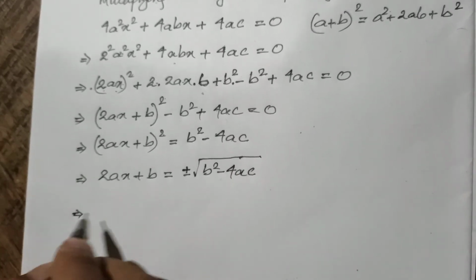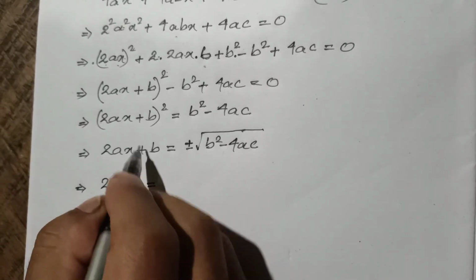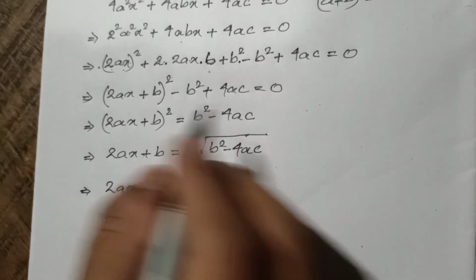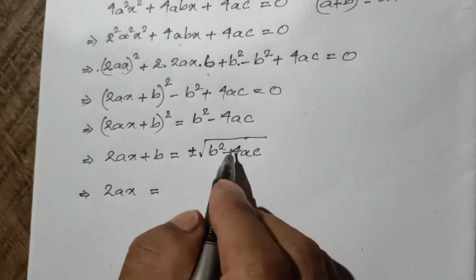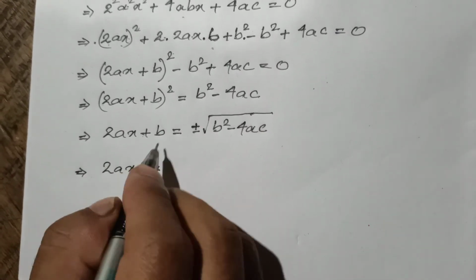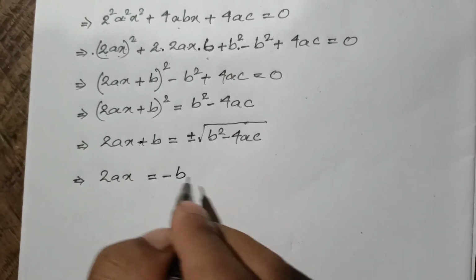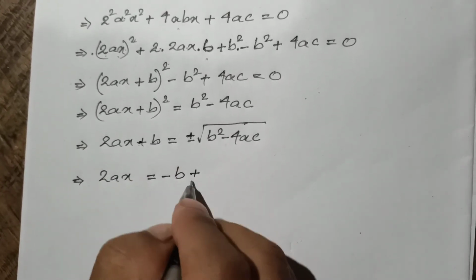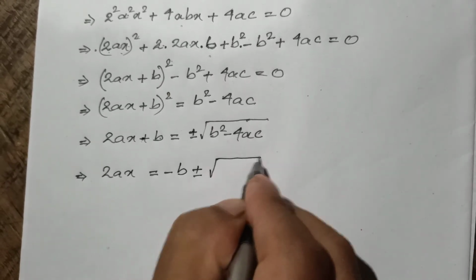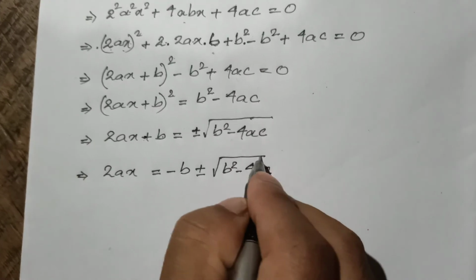Then 2ax, transfer this plus b to the right side. You can keep it either at the back of this root over b squared minus 4ac or just in front of it. We are going to keep it in front in this case. Plus b, if you transfer, it will be minus b. Then the sign here is plus or minus root over b squared minus 4ac.